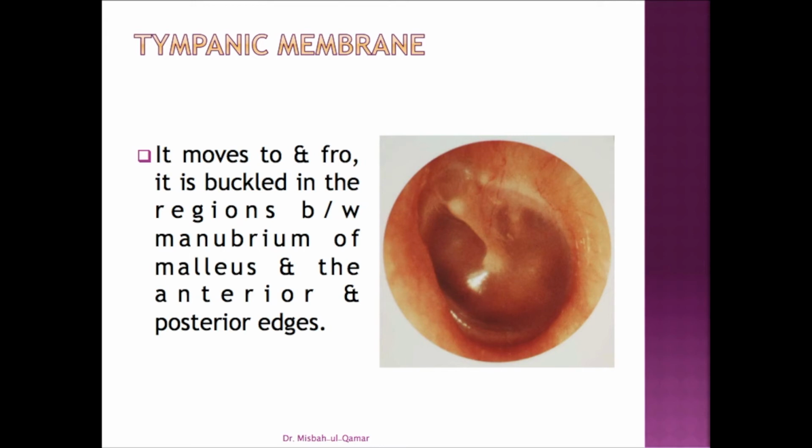You can see the eardrum in the figure as seen through the otoscope. The tympanic membrane is a very thin membrane, with a thickness of around 0.1 millimeter. Basically, it is composed of connective tissue, which is covered on one side by the skin and on the other side by a single layer of cells of mucous membrane.